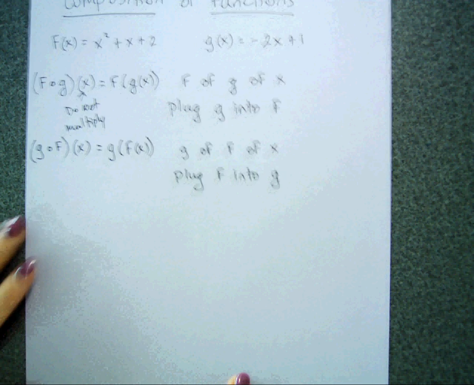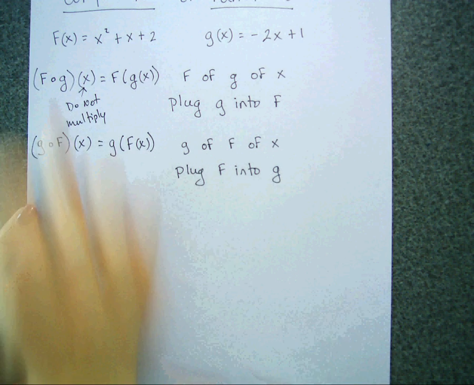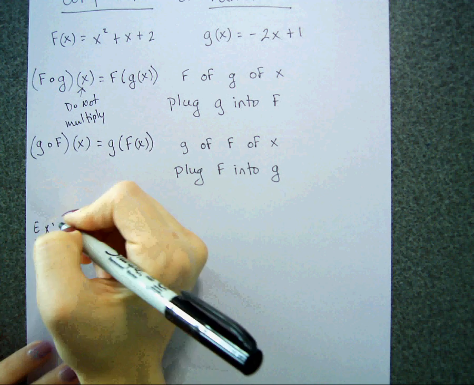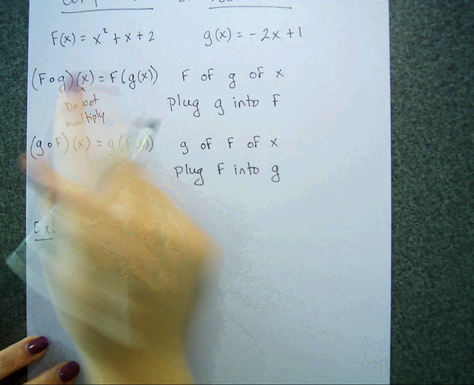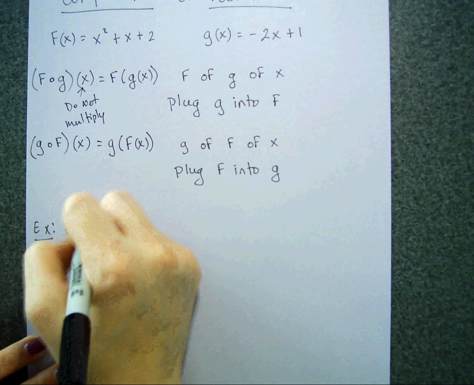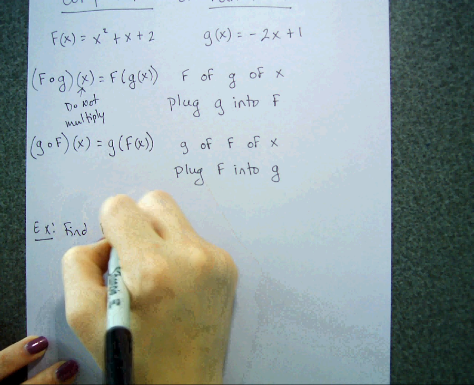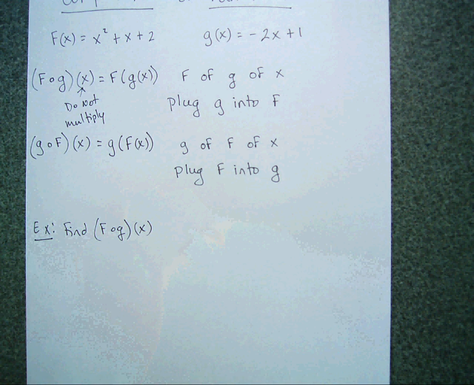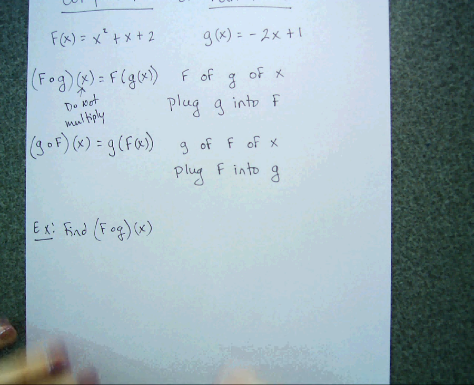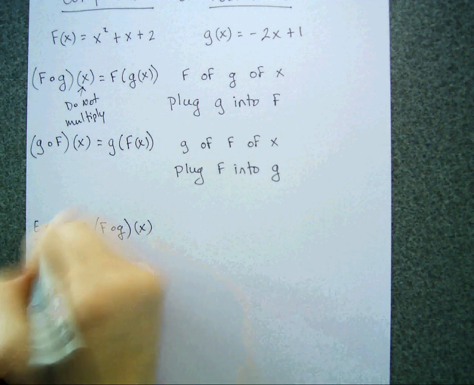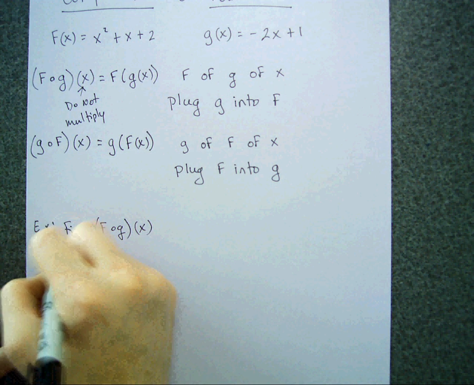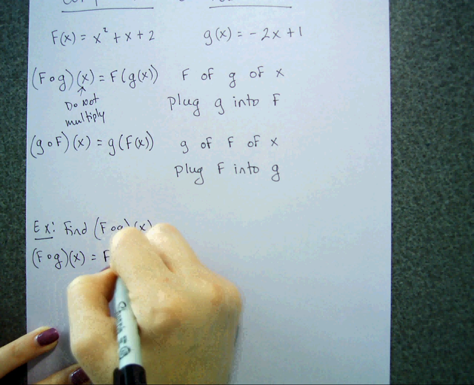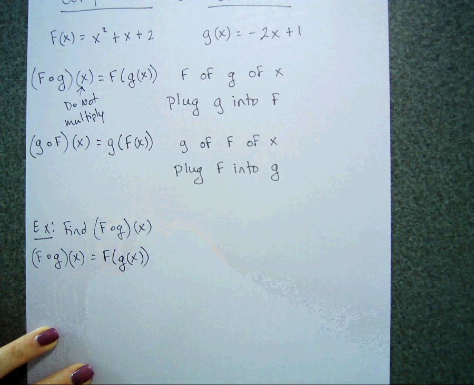All right, so let's look at these two operations. Let's first do f of g of x. So I want to compute f of g of x. Again, in this order with this notation, f of g of x means I'm going to take f and plug g inside of it.